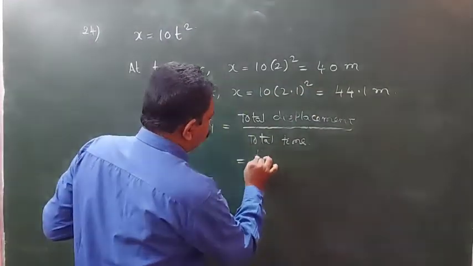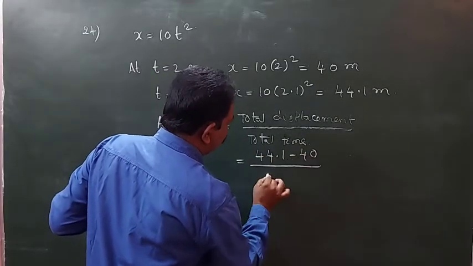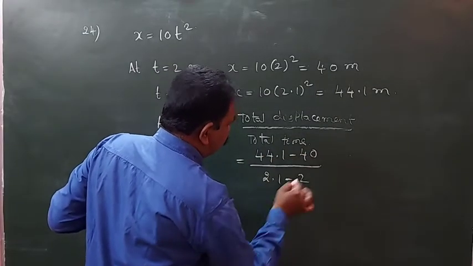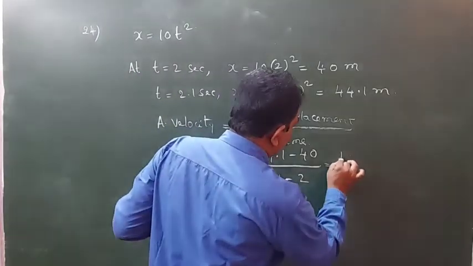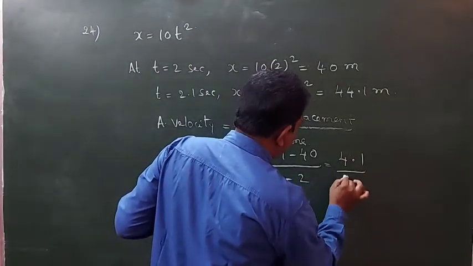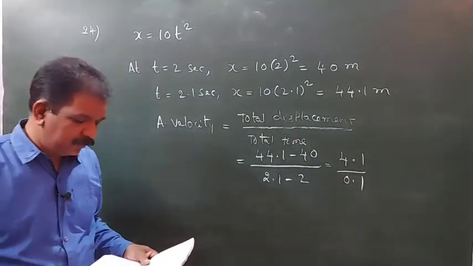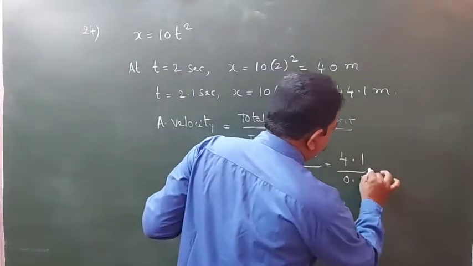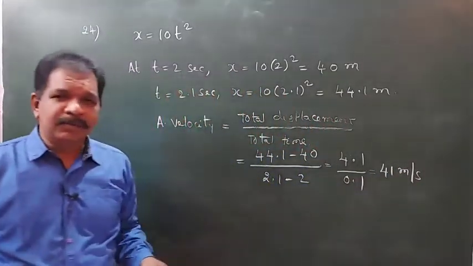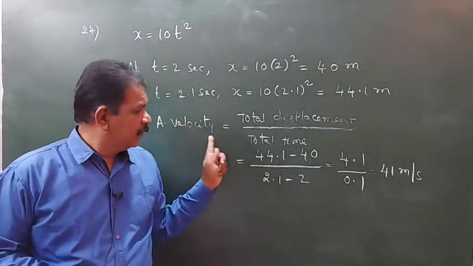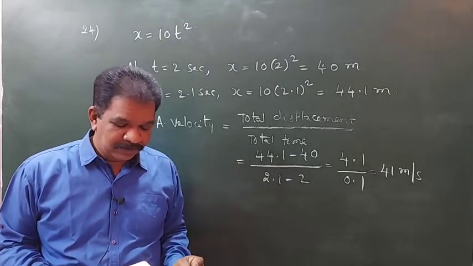So it becomes 44.1 minus 40 by 2.1 minus 2. So this value 4.1 divided by 0.1. If we calculate, this value will become 41 meter per second. That is the average velocity in between that time interval.